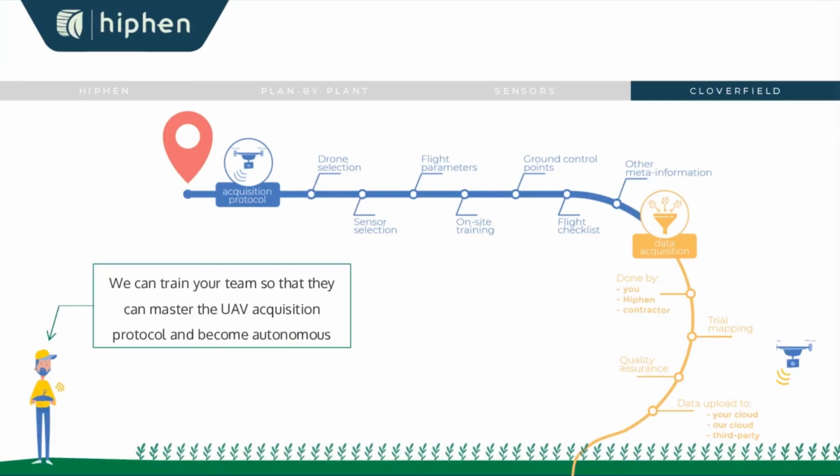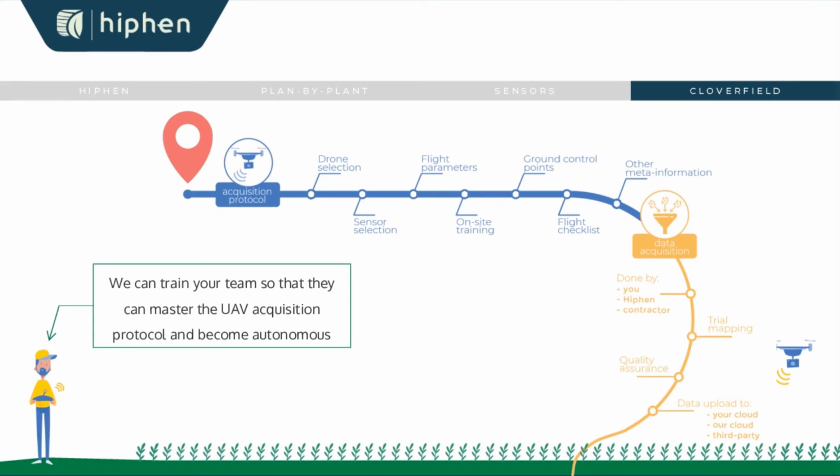So what we spend a lot of time on at Hiphen is supporting our clients to internalize these skills. For instance, we train their teams to do UAV acquisition properly. And what I mean by properly is that we train them on all the flight parameters that will ensure that the data that comes out of the UAV acquisition can be processed effectively and matches the highest quality possible.